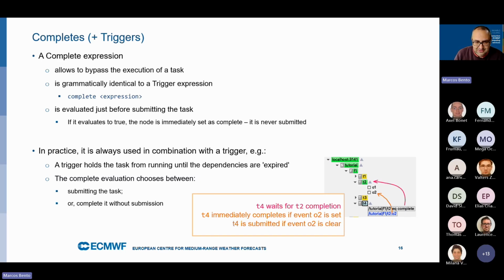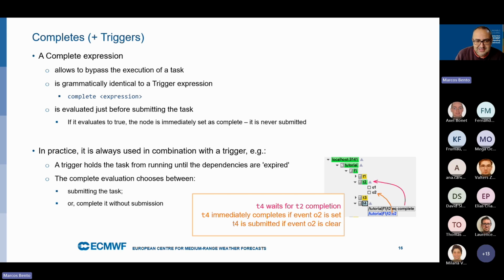As the orange arrow shows here, it only runs if the event in this square here is a clear event. It's unticked. Event O2 is unset.